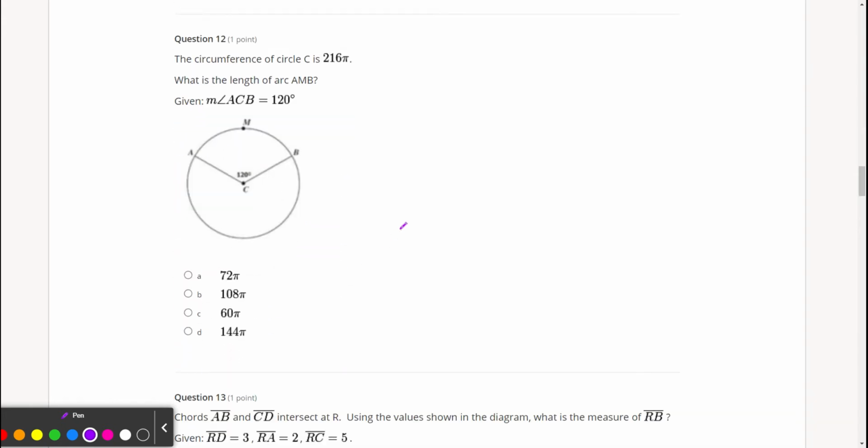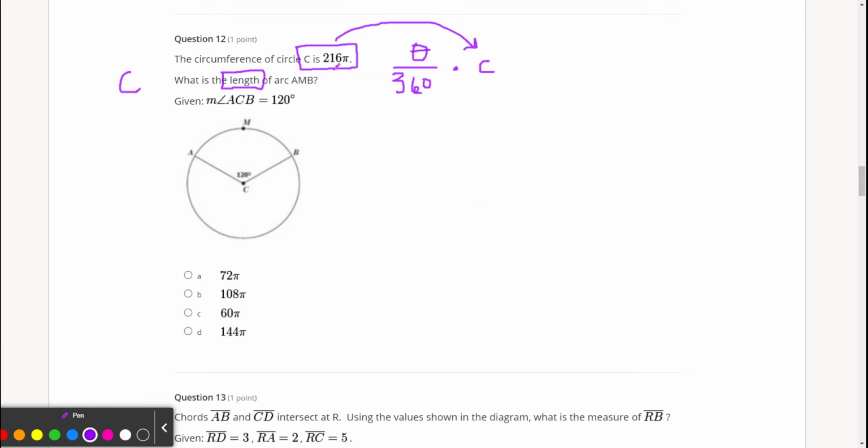Question number 12 is the same as the last two with 2 differences. So we're asking for length now. So instead of using area, we're going to use circumference. And instead of giving you the radius, I give you C. So remember, it's the angle over 360 times C. So can I just substitute that whole thing in?